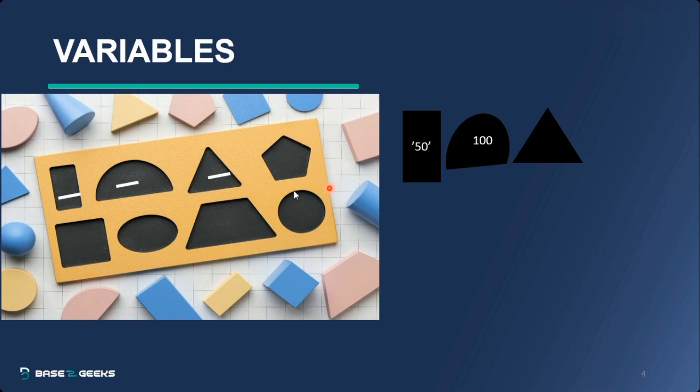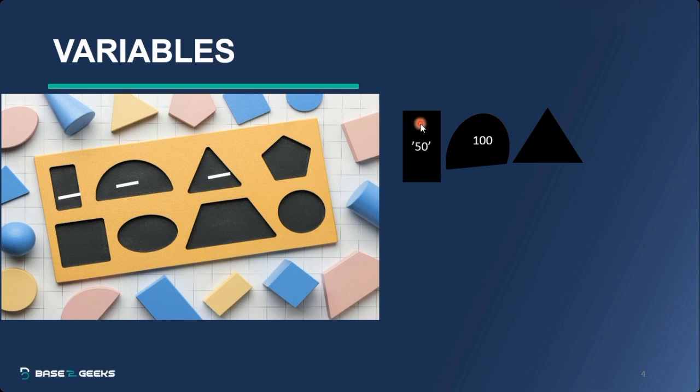Now what is this 50 and what is this 100? The meaning is I am going to place a value inside this shape. 50 is one object and 100 is another object. Shapes are all variables. The objects which I am placing in these shapes are called values.